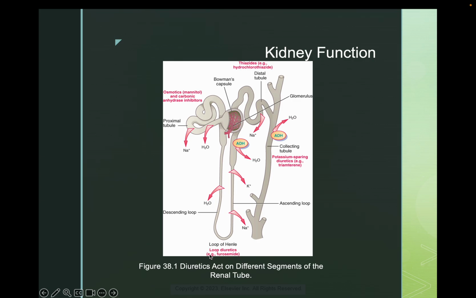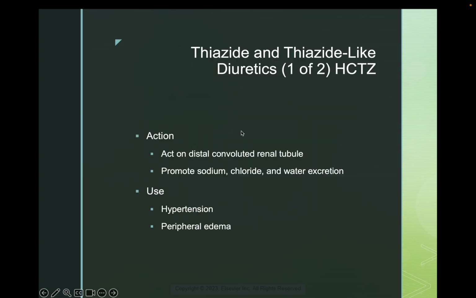Your loop diuretics work here. Your potassium sparing diuretics are working in this collecting tubule, which is here. Your thiazides are typically working over here in this distal tubule. And then your osmotics work over here in the proximal tubule. So it's a really nice little infographic to tell you what diuretic is working where in the kidney.